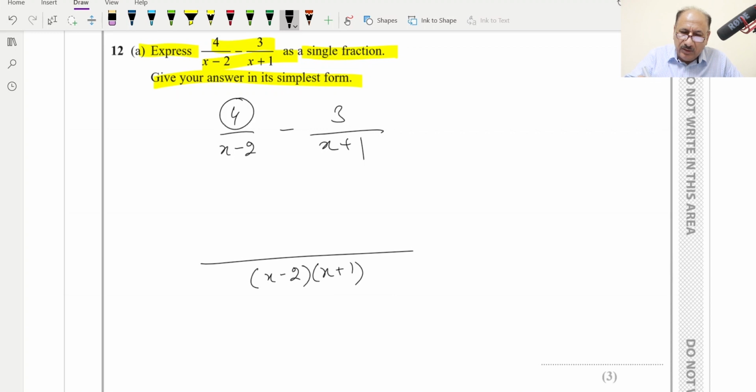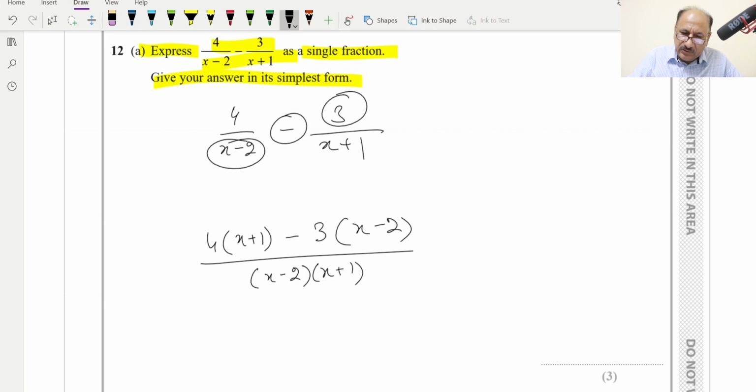So this will be multiplied by this one: 4 into x plus 1, and minus 3 will be multiplied by this one: 3 into x minus 2. This minus is shifted over here. Hopefully you are understanding. I'm raising the extra portions so that you will not be confused.